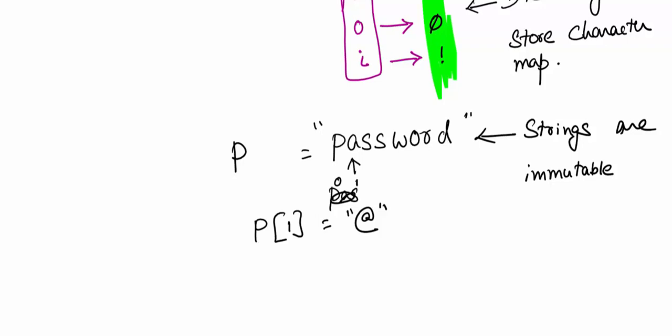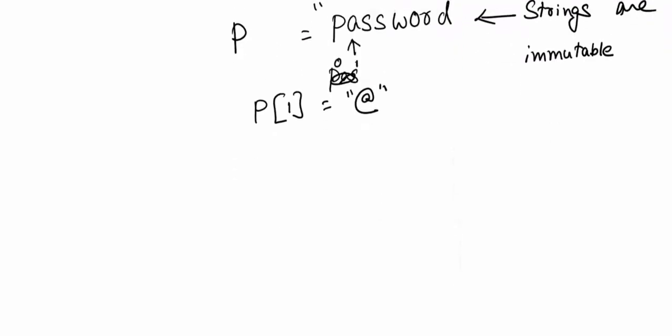So how do we go about doing this substitution? Because strings cannot be changed. There are a couple of ways to do it, and the easiest way to do this is by converting the string to a list, right? So how do you do that?